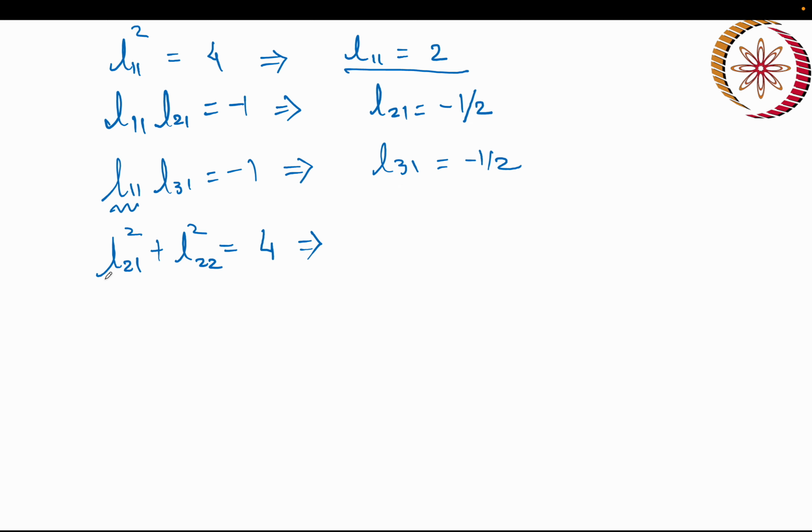So do we have any value? Yes, this is available. If we use this, it will be 1/4 plus L22 square is equal to 4. So it will give L22 is equal to, 16 minus 1, so it will be square root of 15/2.